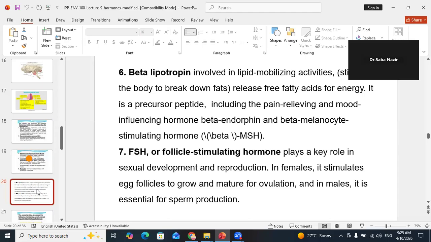In the previous slide, we discussed follicle stimulating hormone. Here is a repetition of the same thing. Follicle stimulating hormone causes the eggs to get matured, and the same hormone also acts in males. In males, follicle stimulating hormone causes sperm production.